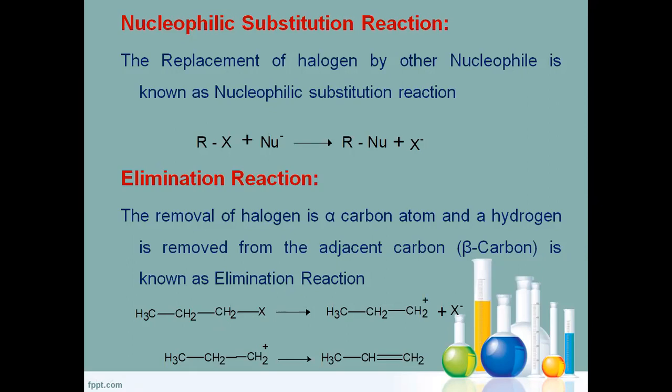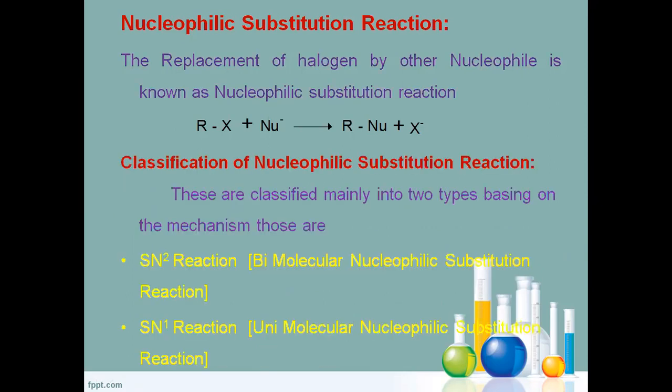In our syllabus, we have only the nucleophilic substitution reactions. As already said, nucleophilic substitution is the replacement of halogen by another nucleophile. These reactions are classified into two categories based on the mechanism: one is known as the SN1 reaction, and the other is called the SN2 reaction.